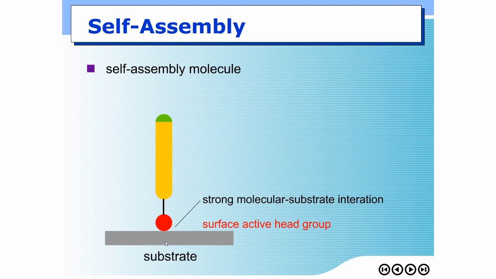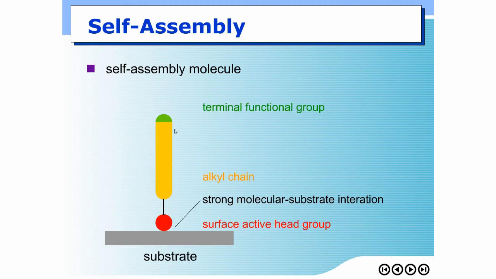There are several ways to bind this group to the surface of the substrate. The yellow part is basically R chains. The chain length depends on your application. Sometimes you want a long hydrocarbon chain, sometimes you do not want the chain at all.